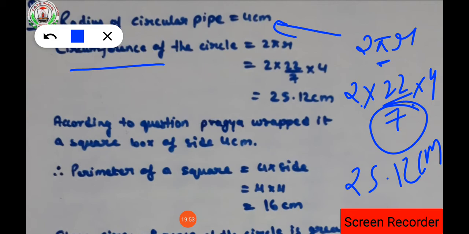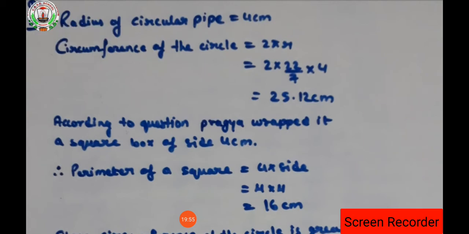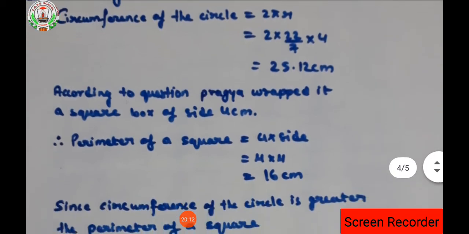Clear up to here? Now according to the question, Pragya wrapped it in a square box of side 4 centimeter. As I explained, the circular cord whose radius is 4 centimeter is made straight, and that straight form is converted into a square box whose side is 4 centimeter.